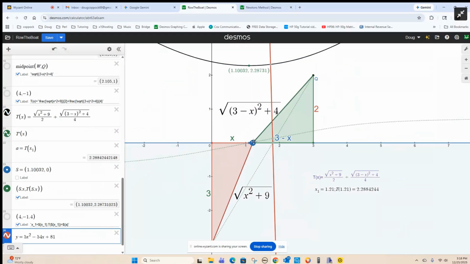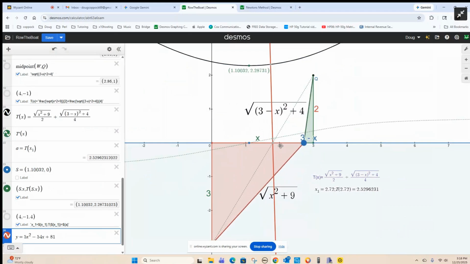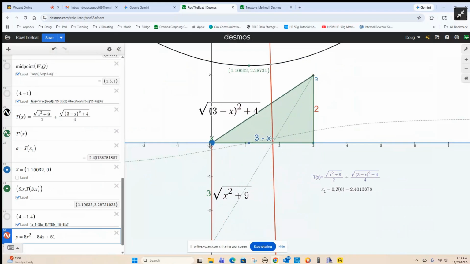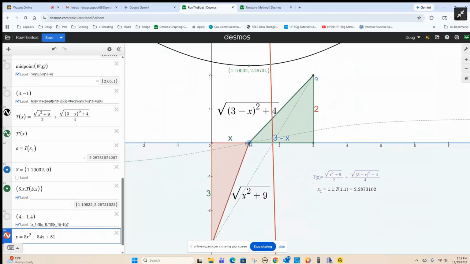But any other time, you'll see it's greater than 2.28. And if I move to the endpoints, 2.6 there, or let's see, we're doing miles per hour, I guess that's in hours, and 2.4 there. So there's definitely a point on the shore that he can row towards to get him a minimum time.